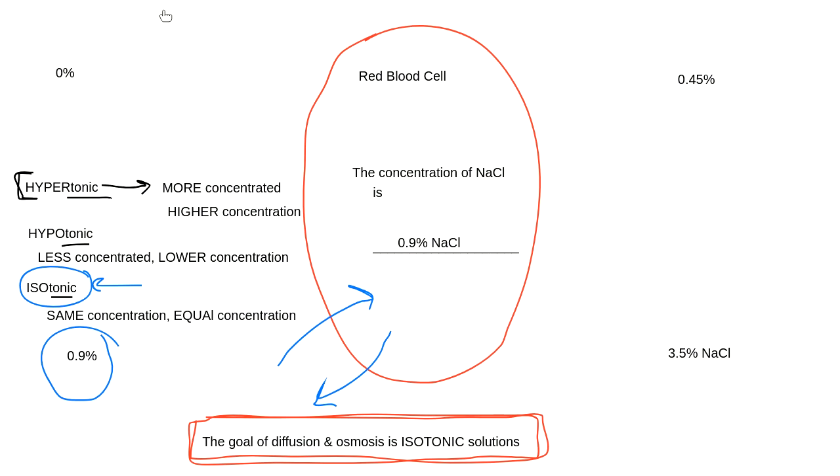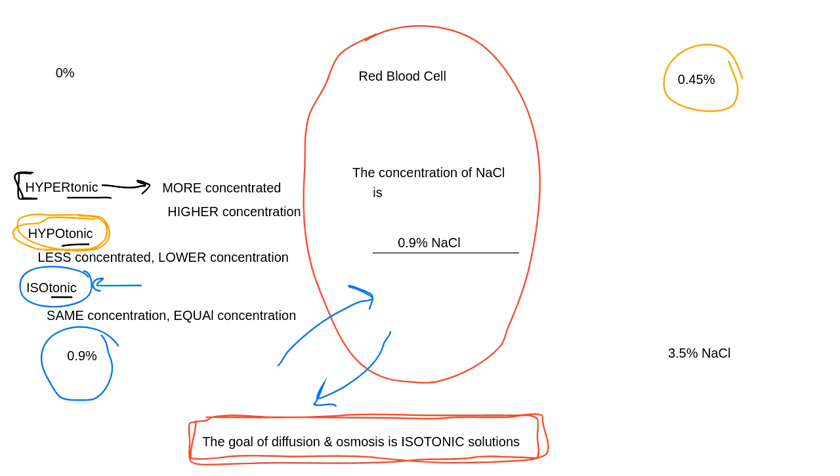The amount I have is less. So we'll color code this one yellow over here. This is a solution that has a lower concentration. So when I look at my tonic words over here, I would say this is hypotonic. Hypotonic means the concentration is lower.